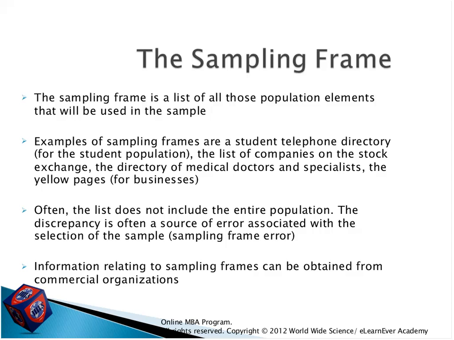Yellow pages has lots of information about all the businesses in one country. Often the list does not include the entire population. Of course, this sampling frame maybe doesn't include all the population, but it is a good source in which most of the population is included. And information related to sampling frames can be obtained from commercial organizations as well.